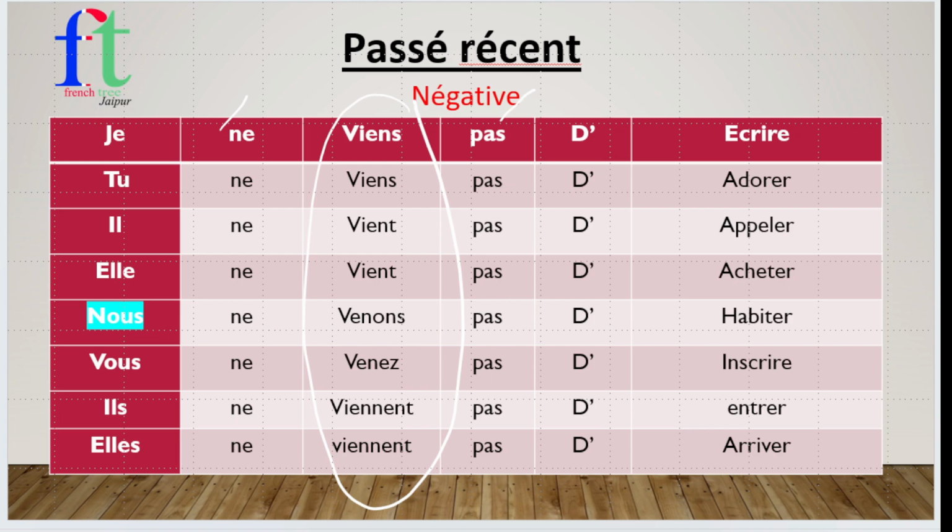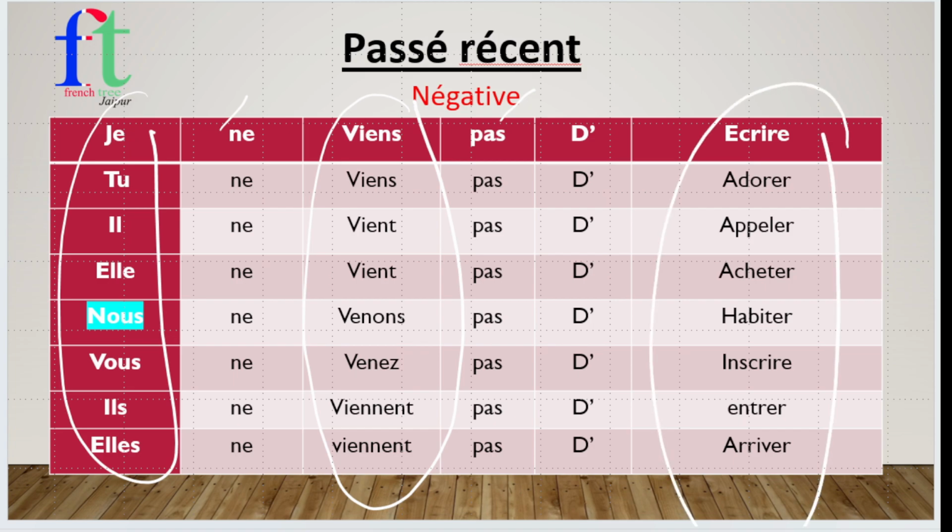The negation is only around the main verb. We have the main subject je, then the main verb is venir. So je ne viens pas, tu ne viens pas, il ne vient pas, elle ne vient pas, nous ne venons pas, vous ne venez pas, ils ne viennent pas, elles ne viennent pas, right? This is the basic formation of passé récent in negative form. Is that clear? The infinitive form will be the same as it is written.